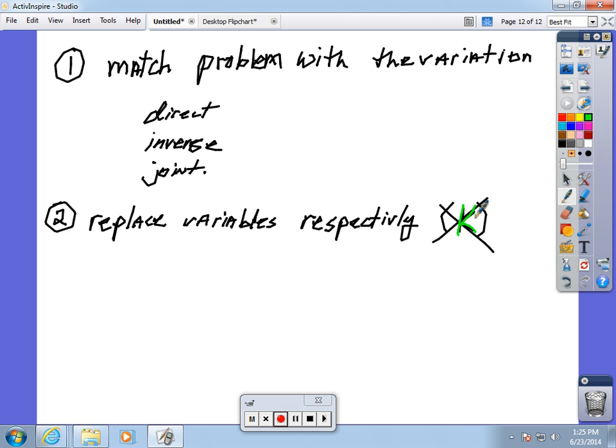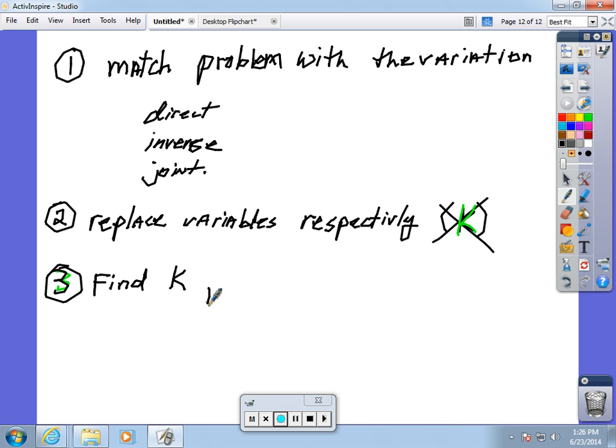Now, once you replace the variables, you need to find K. Now, how do you find K?